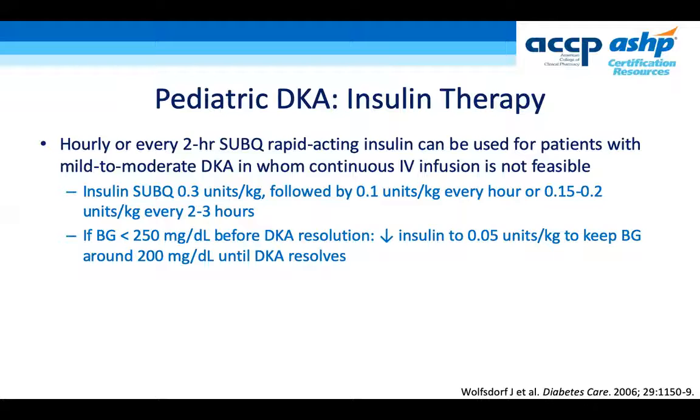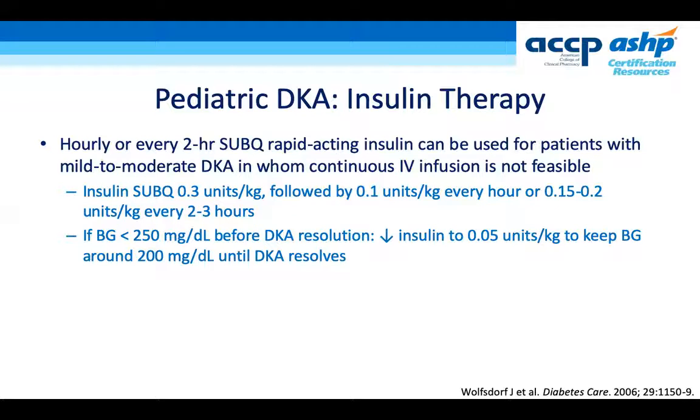Similar dosing to what we saw, so 0.3 units per kilo bolus, followed by 0.1 units per kilo per hour. And then, of course, if their blood glucose drops less than 250 before DKA resolution, you should decrease that insulin dose to 0.05 units per kilo per hour to keep the blood glucose around 200 until DKA resolves.